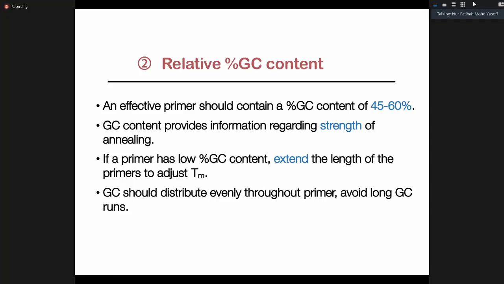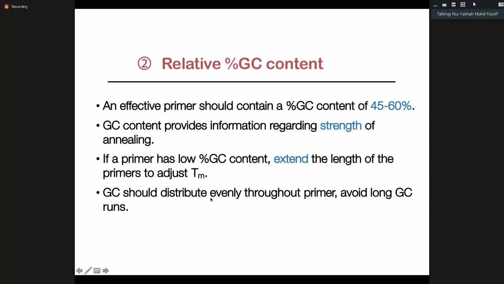So try to design perhaps 18 to 25 nucleotides, and if the GC content is too low, then you can extend and make the primer sequence a little bit longer, perhaps until 26 or 27, okay, to increase the GC content.